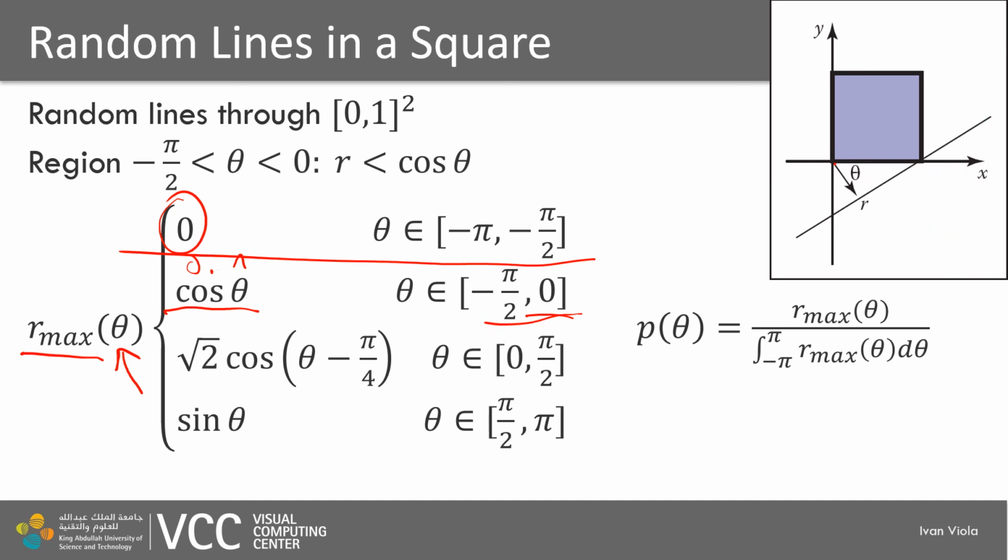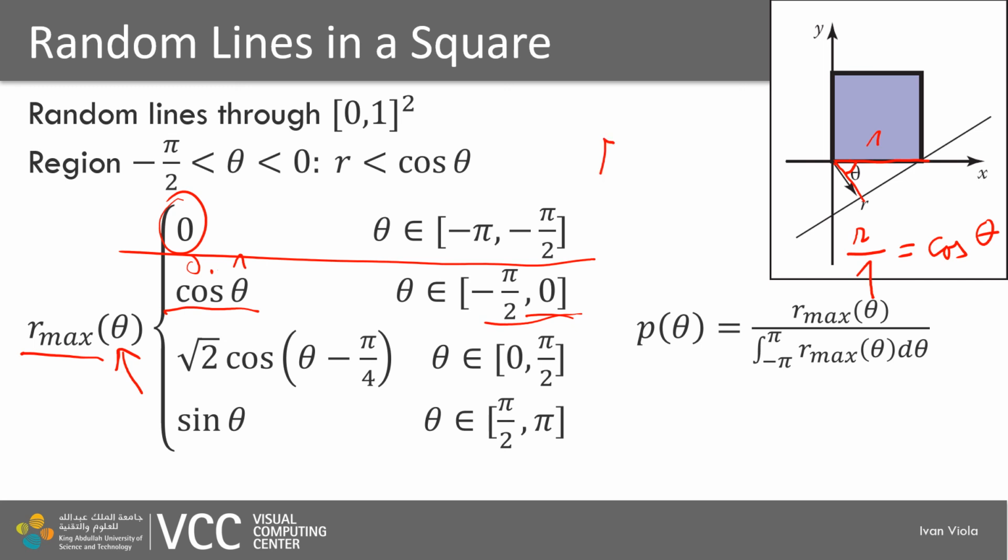If we look here, then we have this trigonometric relationship. This is our hypotenuse, which is 1. And here we have our angle. And our angle is defined as r divided by 1 is cosine theta.